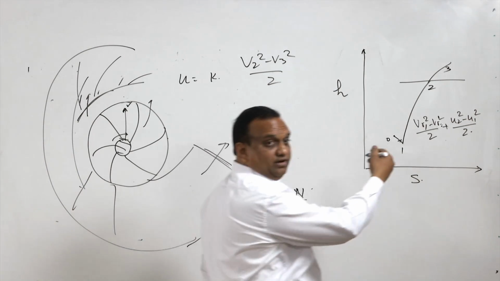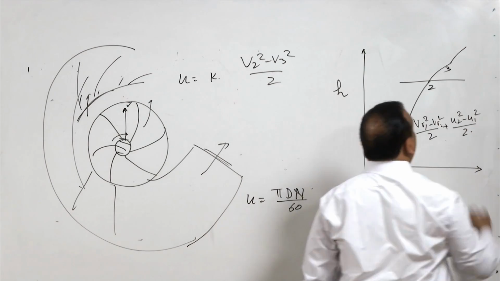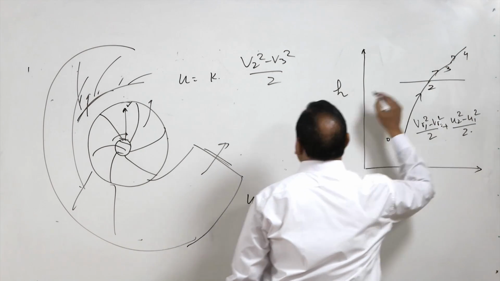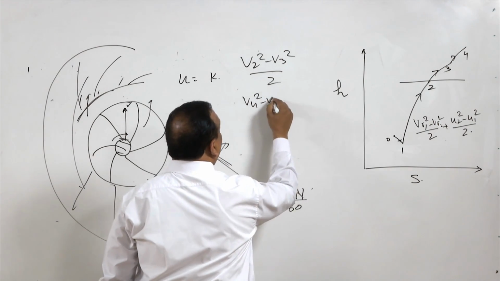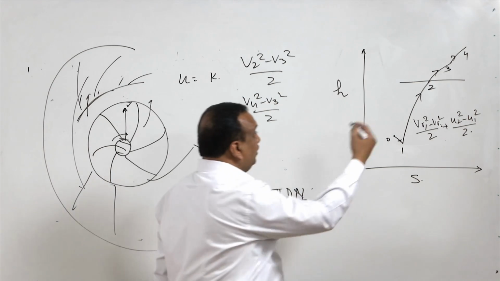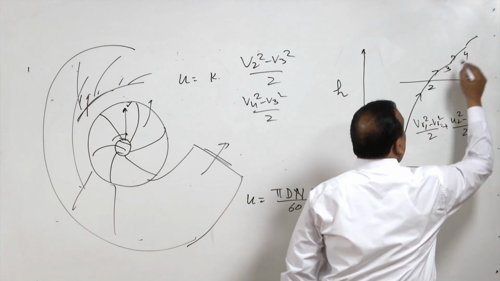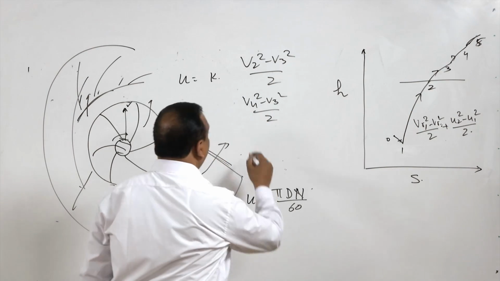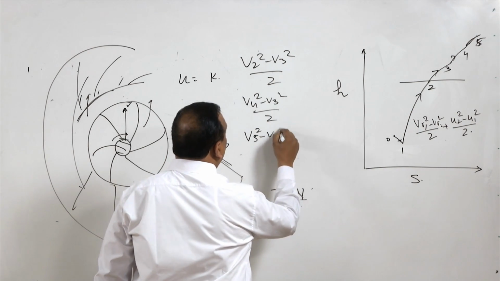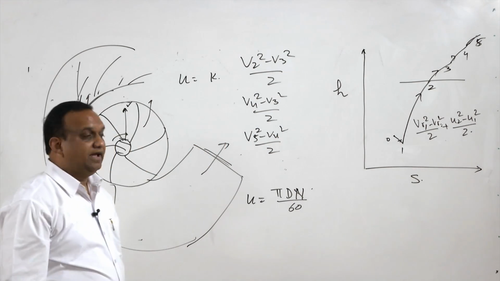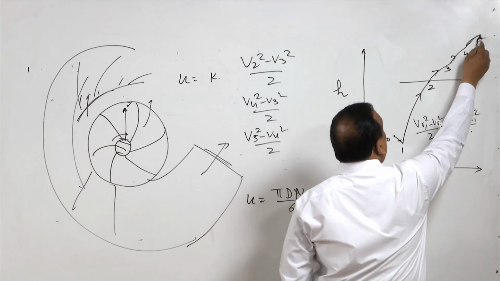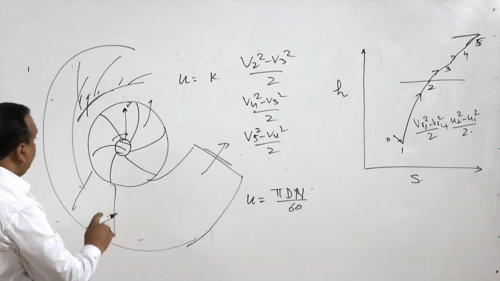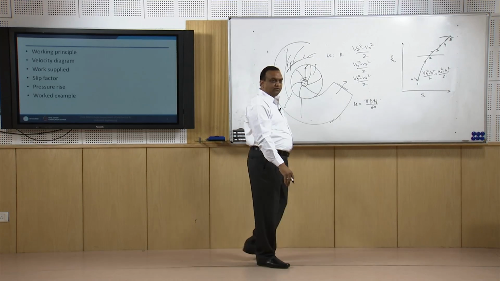Then the vane diffuser, that is state 4, then V4 square minus V3 square by 2. Then in the volute casing, state 5, it is V5 square minus V4 square by 2. And finally, the gas emerges from here. This is the enthalpy entropy diagram for the movement of fluid in a centrifugal compressor.